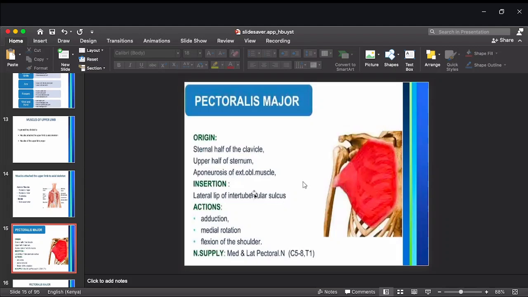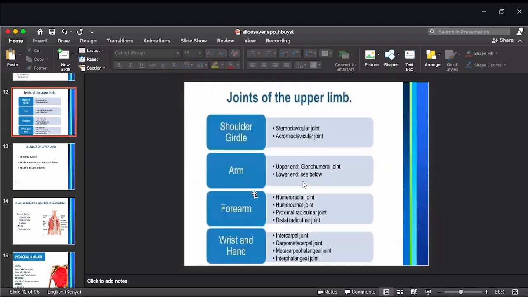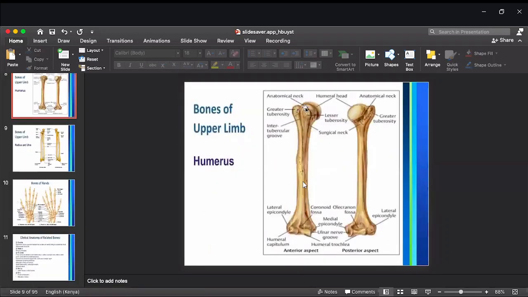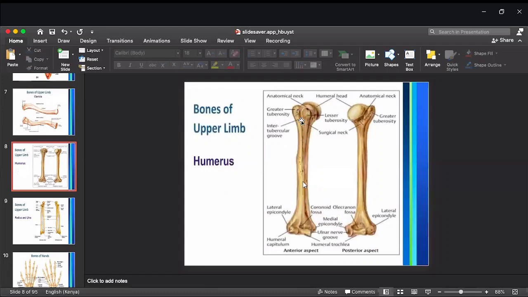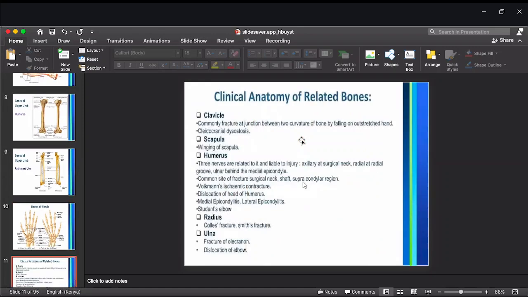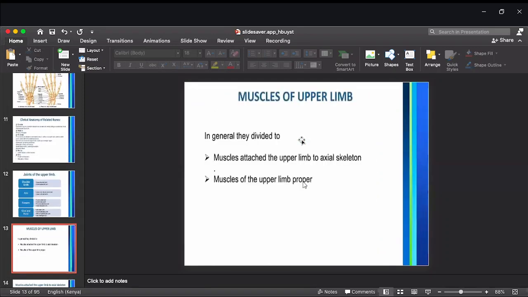The intertubercular sulcus is that part we said the tendon of the long head of the biceps brachii will pass through. So there's this lateral lip, there's this medial lip. So pec major attaches on the lateral lip. The pec minor muscle you can appreciate as well.